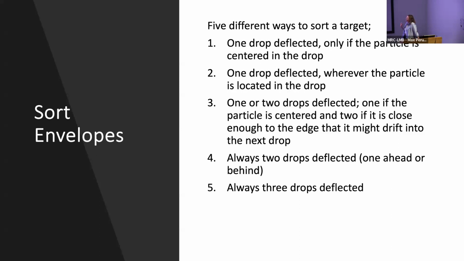You can also do 1 or 2 drops deflected, 1 if it's centered, and 2 if it's close enough to the edge that it might drift into the next drop. Always 2 drops deflected, or always 3 drops deflected. All of these sort envelopes really depend on the aims of your experiment and the type of cell. And I'll show you in the next couple slides how this works.